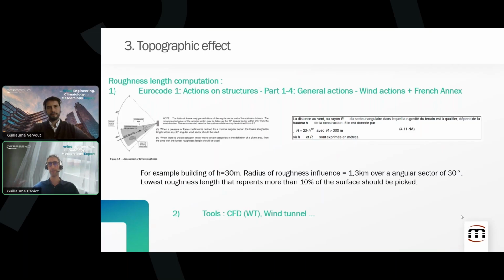What is the roughness? They will look every 30 degrees, some kind of discretization, and look for the lowest roughness lens that represents more than 10% of the surface. So this is a safety vision.